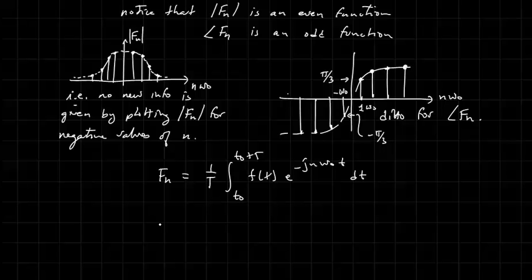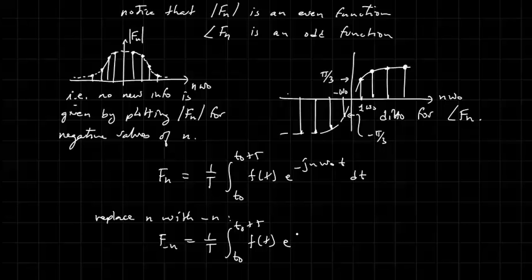Now if we replace n with minus n, it's kind of just a variable substitution, then we'd have F(minus n) is equal to 1 over T integral of f(t) e to the plus j n omega naught t.